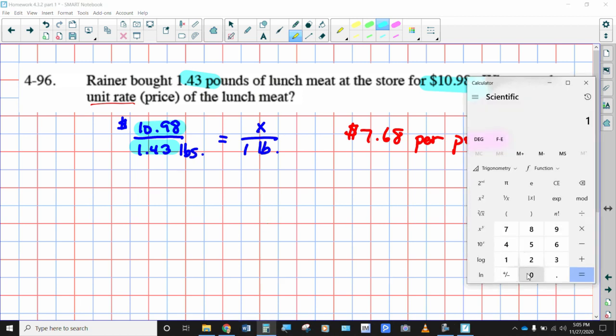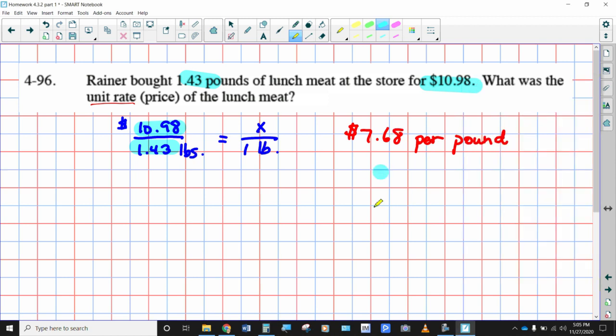So if we take $10.98 and we divide it by 1.43 pounds, you're going to get this, which rounds up to $7.68 per pound. Okay, and why are we taking $10.98 and dividing it by 1.43? Because if we're going to use our giant 1 here, we've got to figure out what do you divide 1.43 by to get 1 for an answer.